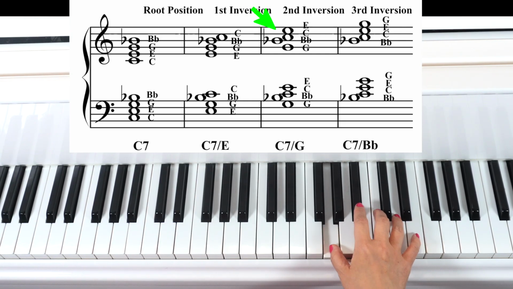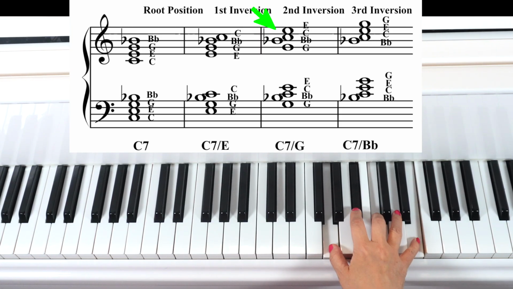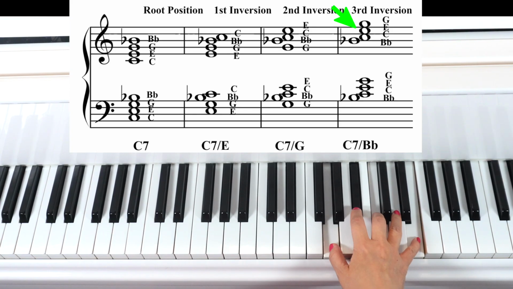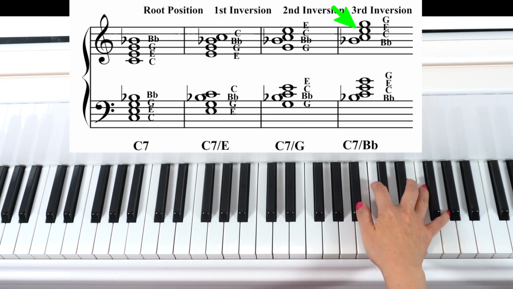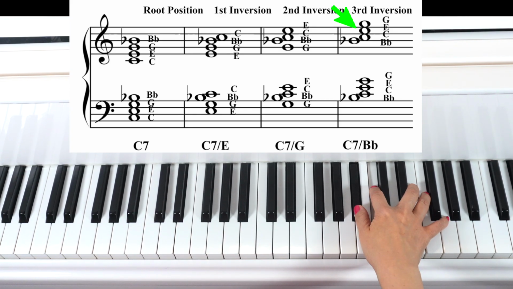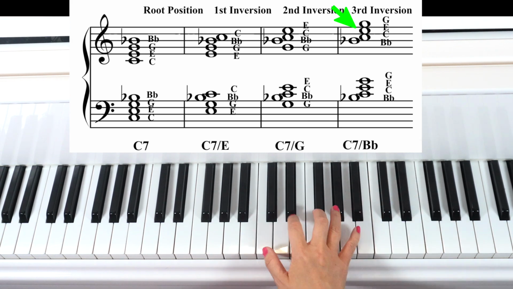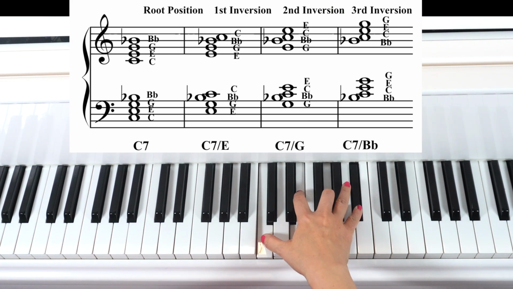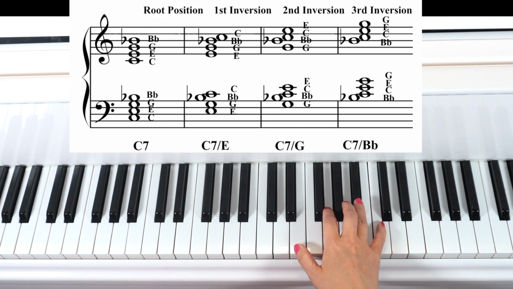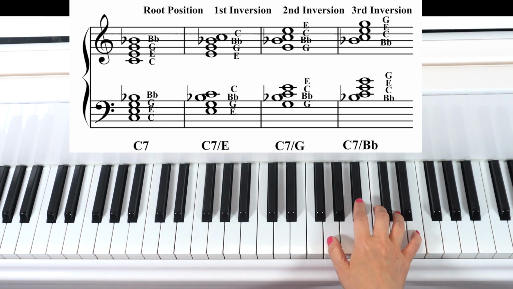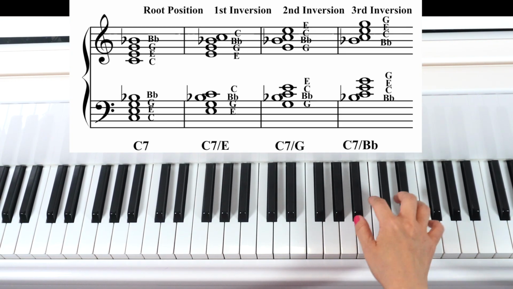So G, B flat, C, E. All right, and then the third inversion, move that G an octave up, so B flat is the bottom note, so B flat, C, E, G. Okay, so starting from root position, first inversion, second inversion, third inversion.